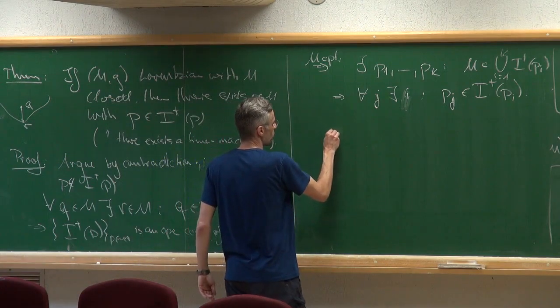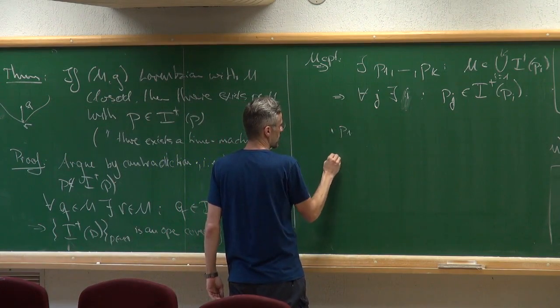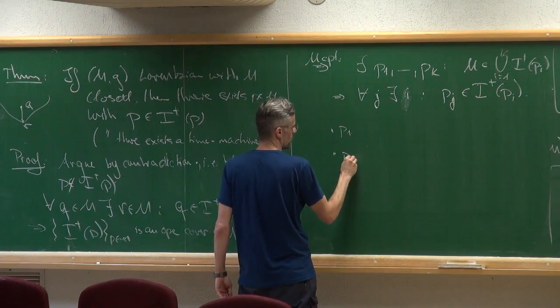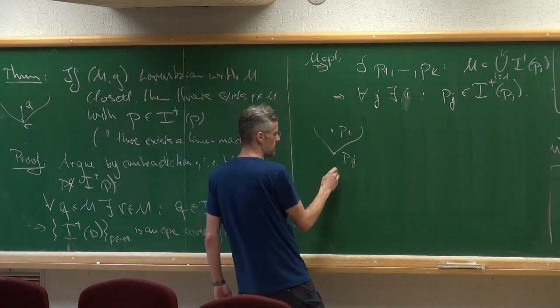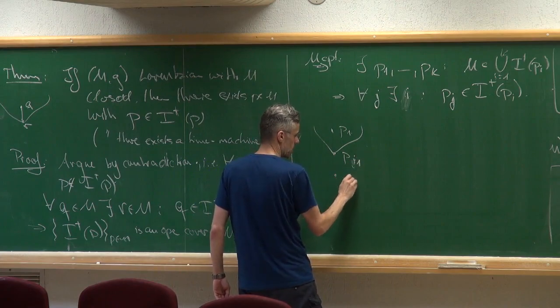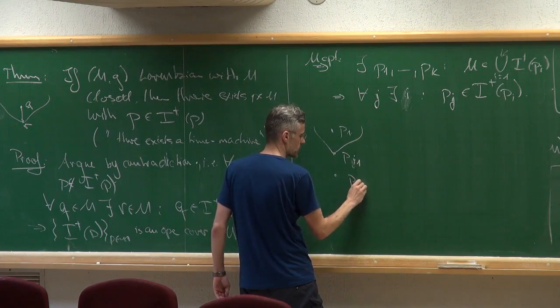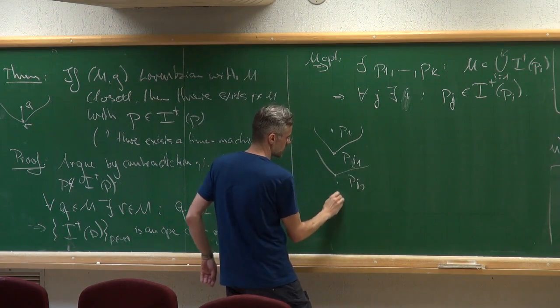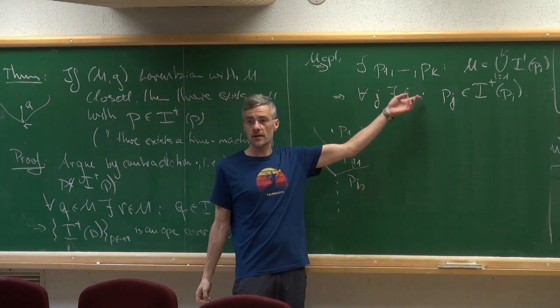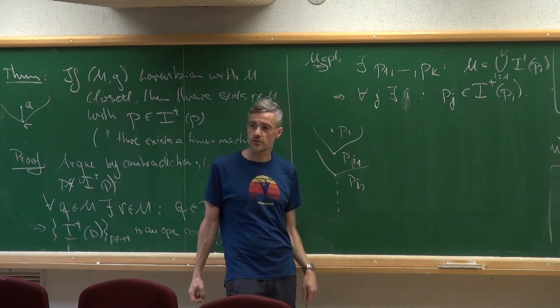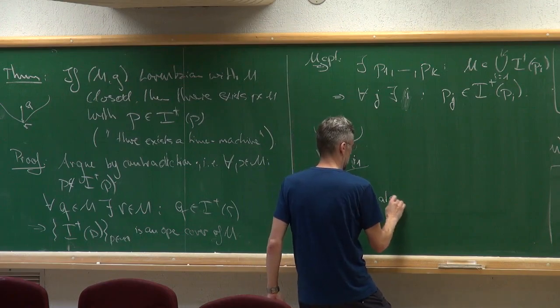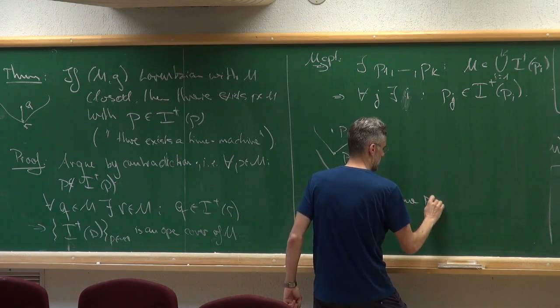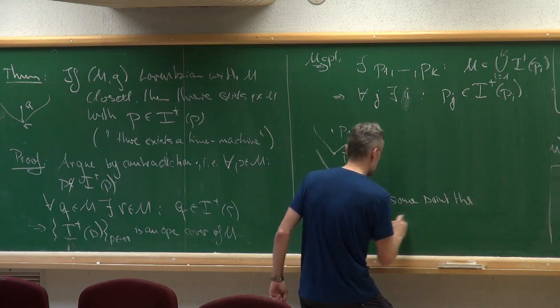So you start with P1, then there exists a Pi such that P1 lies in the future of that. But that Pi must be in the future of some Pi2, and so on. But you only have finitely many possibilities. So at some point the indices repeat.